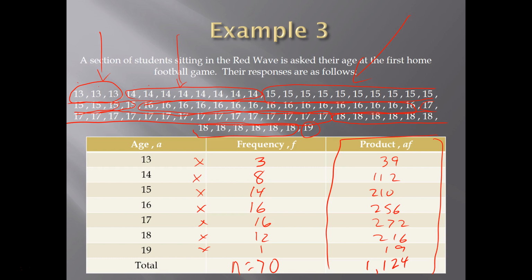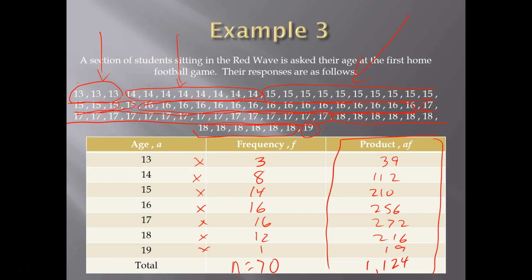Isn't it true that the middle of those 70 people, you're going to have 35 in one group and 35 in the other group? The middle of 70, you have 35 on the left, 35 on the right. So the middle is right in between the 35th and 36th person.